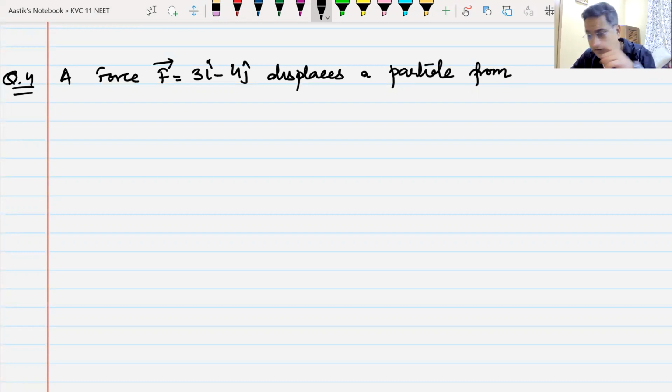So I'll ask the mic to be passed to each and every student, and each and every student will tell me their answers. A force F is equal to 3i minus 4j displaces the particle from 2, 1, 1 to 1, 3, 4.